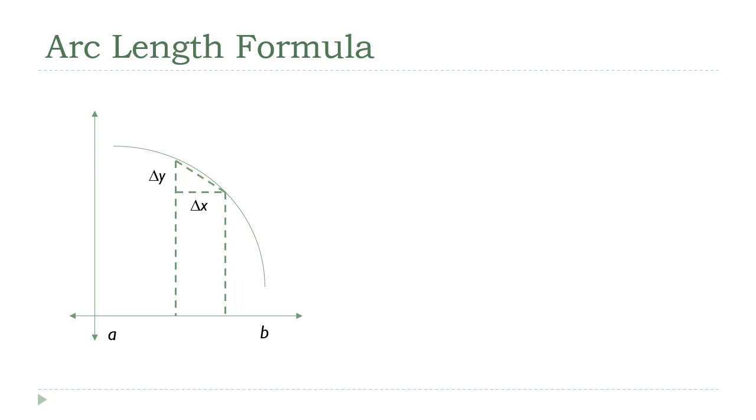So what is the length of that hypotenuse? Well, it's just the Pythagorean theorem. It's the square root of delta x squared plus delta y squared. So if I add up all those individual hypotenuses for all of my n subintervals, I get a fairly decent approximation for the length of that arc.